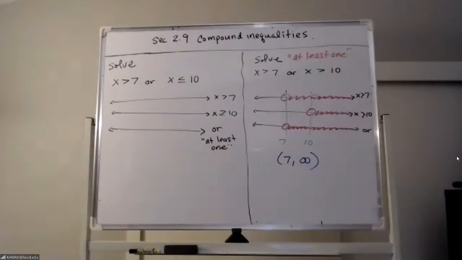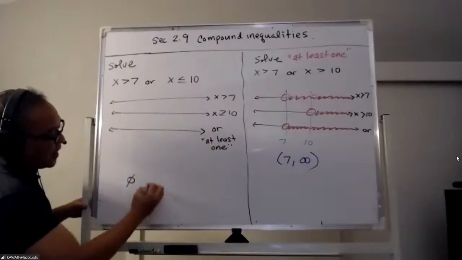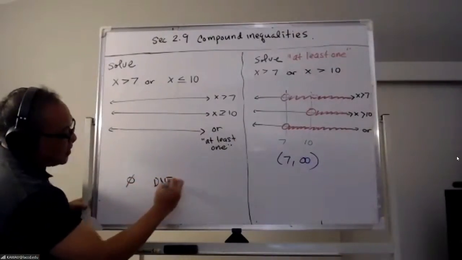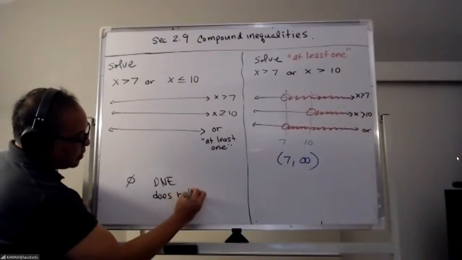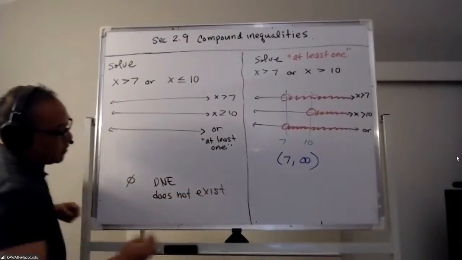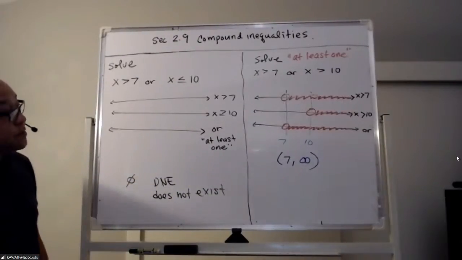Oh, I checked XYZ. They don't use that. They use DNE if it doesn't exist. So this means does not exist. So if there's no overlap, use DNE. That's how they use it in your XYZ.